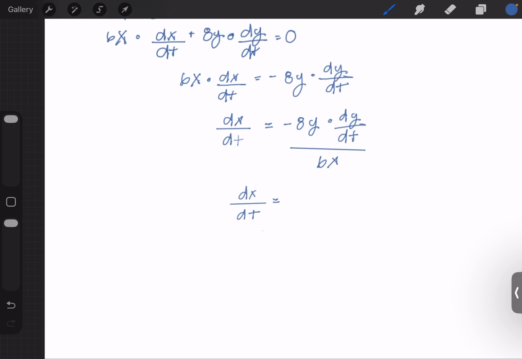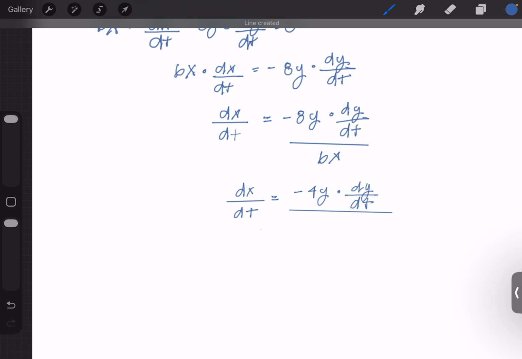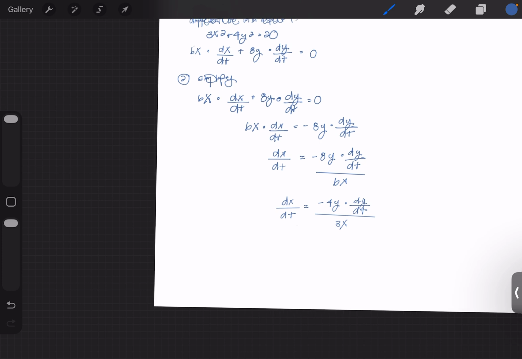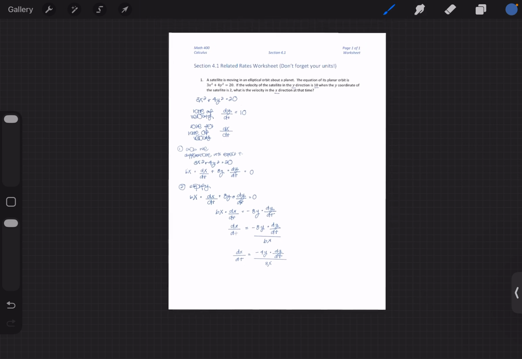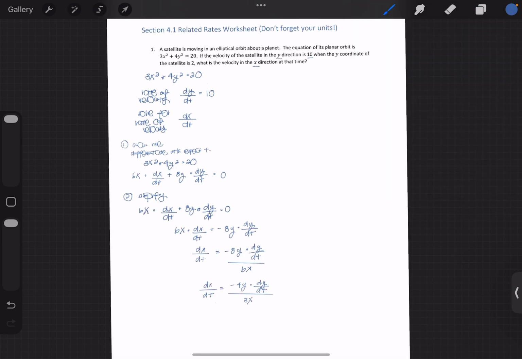It is equal to negative 4y multiplied by, again, our dy, we just bring that down over dt, and then 3x. Okay. And then from here, we can start plugging in more of what we know and figure out our final answer.